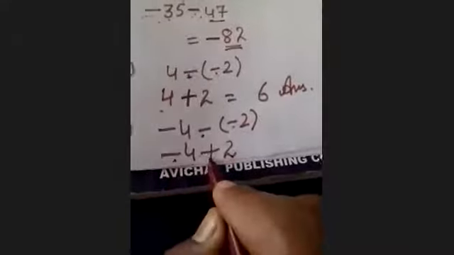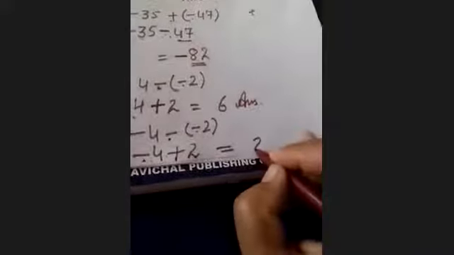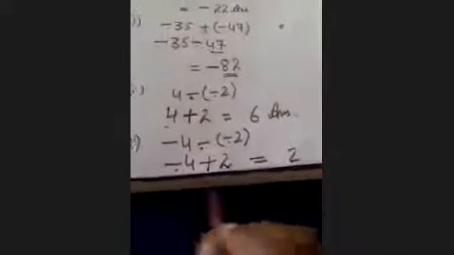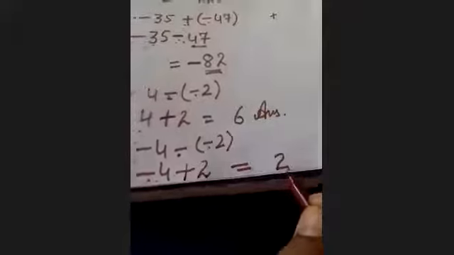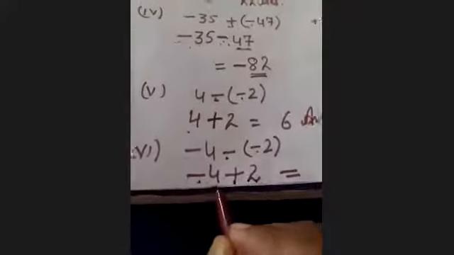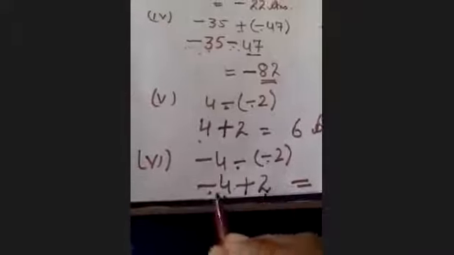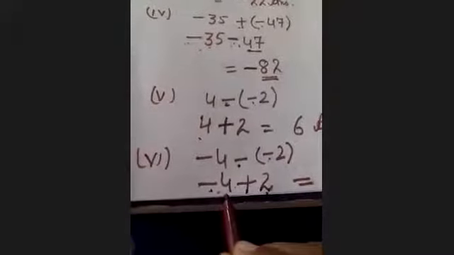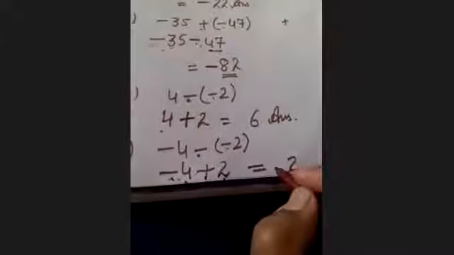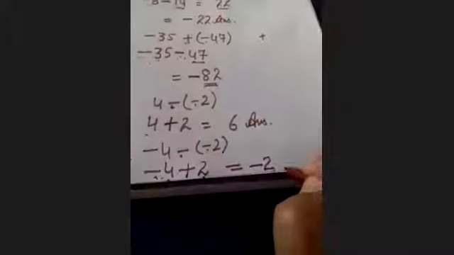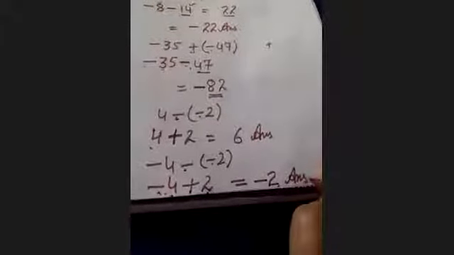Minus plus is minus. 4 minus 2, the result is 2. Now note, is 2 positive or negative? The first number is 4, the second is 2. Greater is 4 and our greater number is with a negative sign. So the result will be negative. Minus 2. So our answer is minus 2.